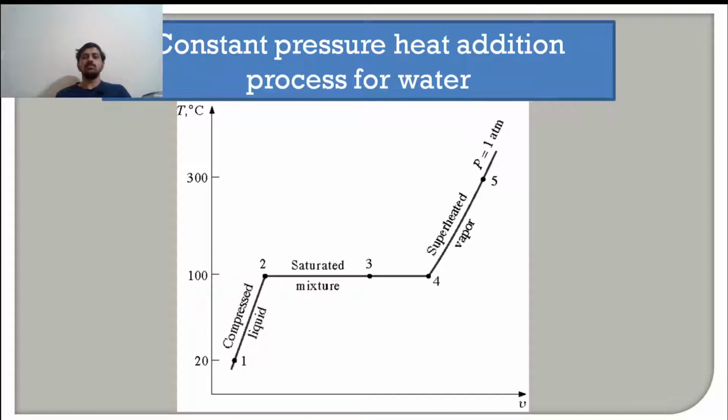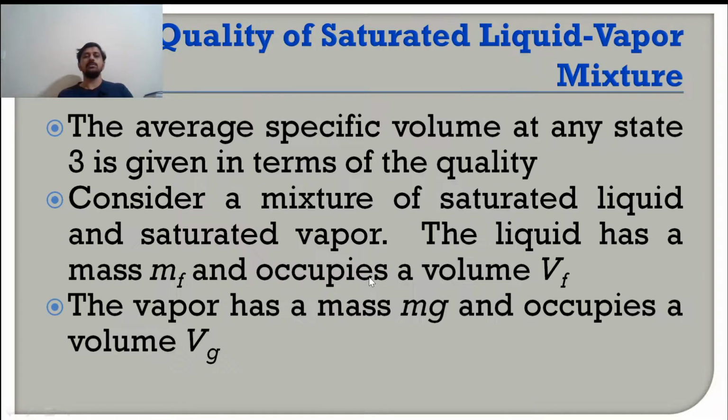Now we are going to see another important term in the phase change process, the quality or dryness fraction for steam. As we have seen, the phase change process at a constant pressure is a constant pressure line on a T-v diagram. Let us concentrate on point 3, which is a mixture. A liquid vapor mixture is there at this particular point.